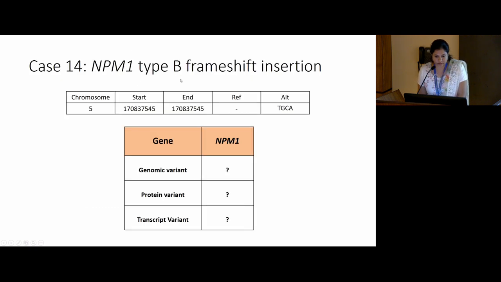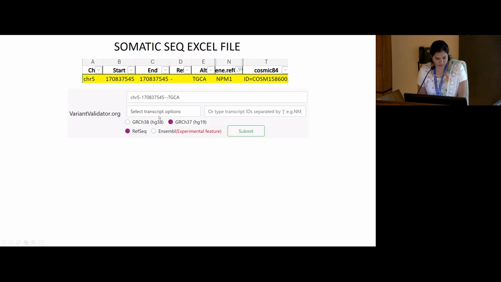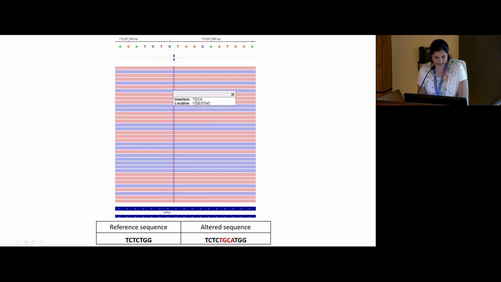So let's go to type B, frame shift insertion. This is what our Somatic Seq Excel file is giving us again, the reference and altered sequence. When I put it in Variant Validator, it gives me this nomenclature. But now we know that we have to check on IGV. So this is the altered sequence, TC, TGCA, TGG.